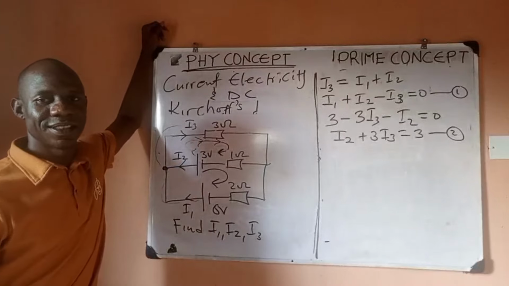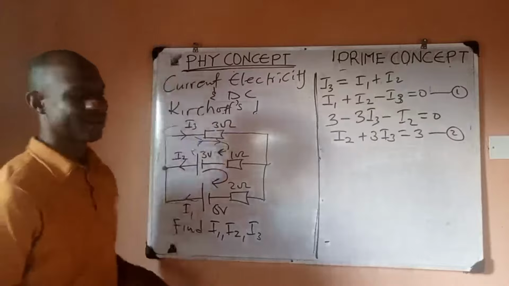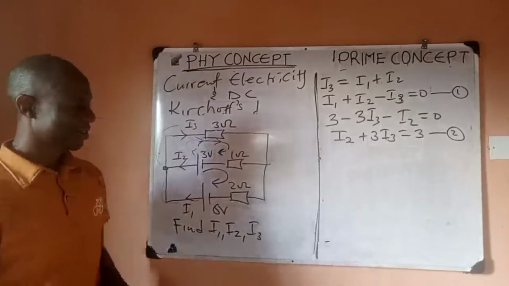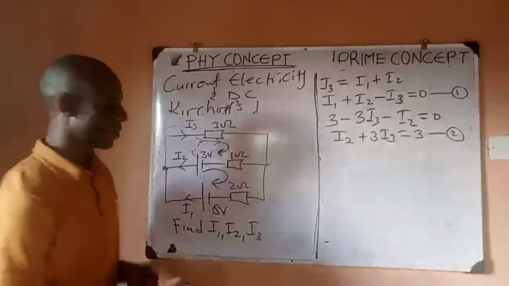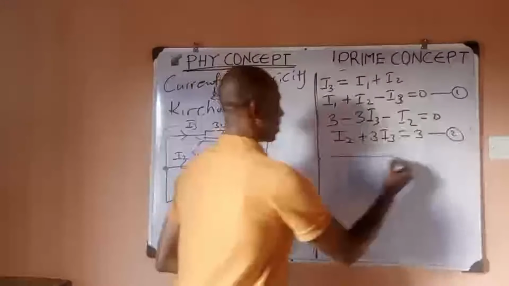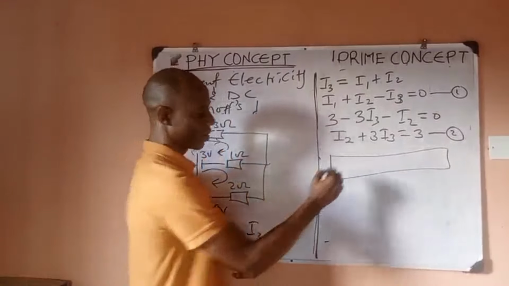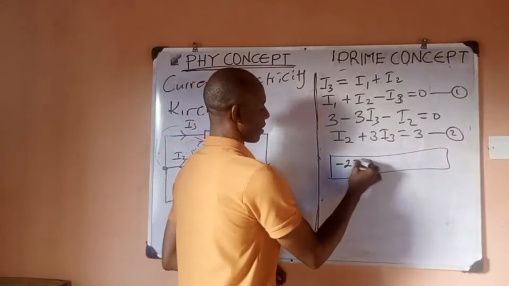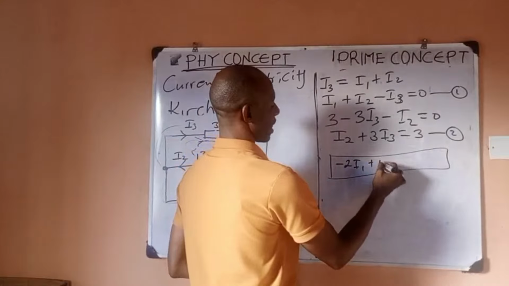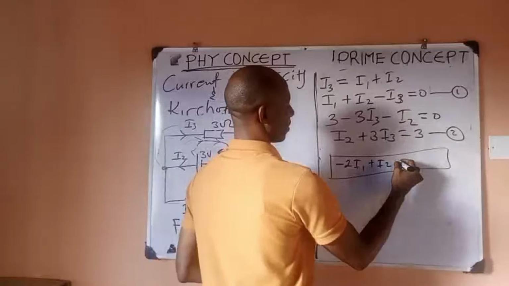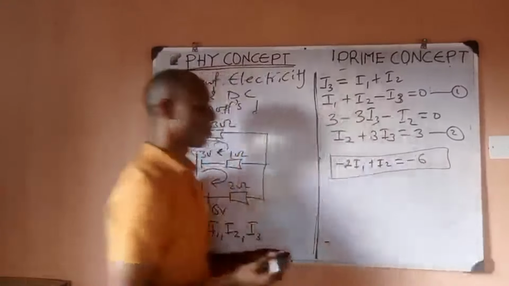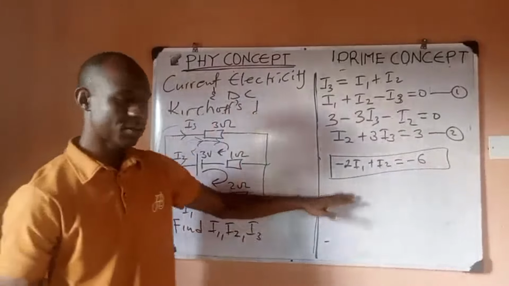Okay. Anybody? Yeah. Okay. Nkemjika said plus 2I1 plus I2. Put Nkemjika's answer only in a box and then I'll solve. Minus what? Minus 2I1 plus I2 equals minus 6. This is for Nkemjika, not my own. I'll solve my own now.